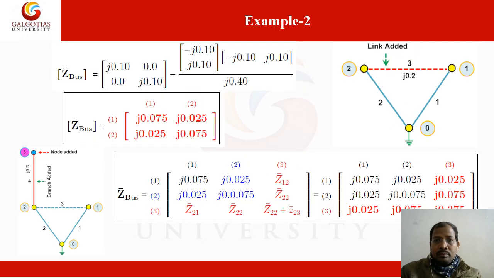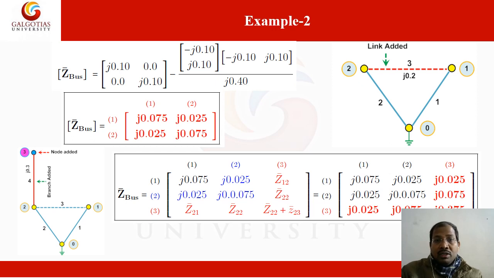Now you can see that for the third step we use the adding of a link branch. This transmission line 3 is added between bus 1 and 2. Buses 1 and 2 are already counted, so the size of the ZBus remains the same. Here we only have to modify the elements of the ZBus, because we are adding a link in the network.